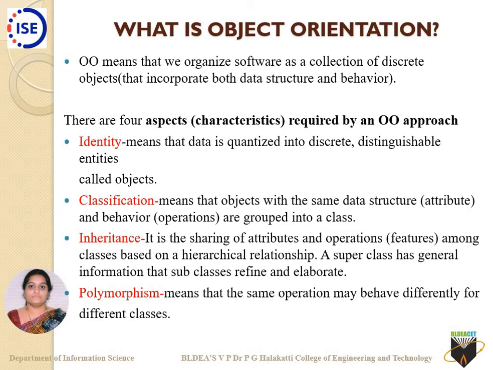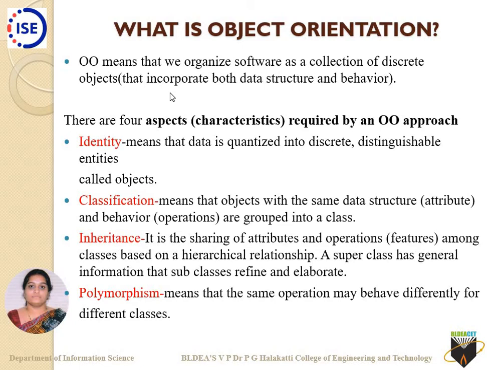Then you will have the student department and student percentage. All of them are taken as class inputs. For each of them I can have repetitive objects which can be accessing this particular class. In the same way, the definition also says that we organize software as a collection of discrete objects.